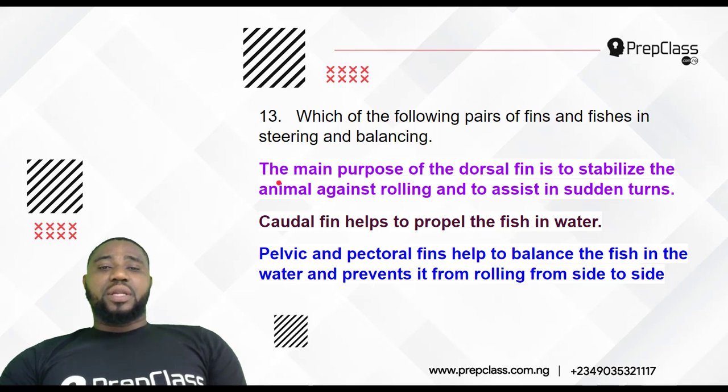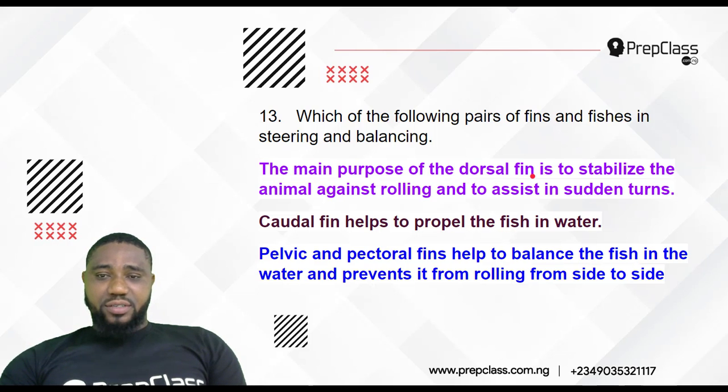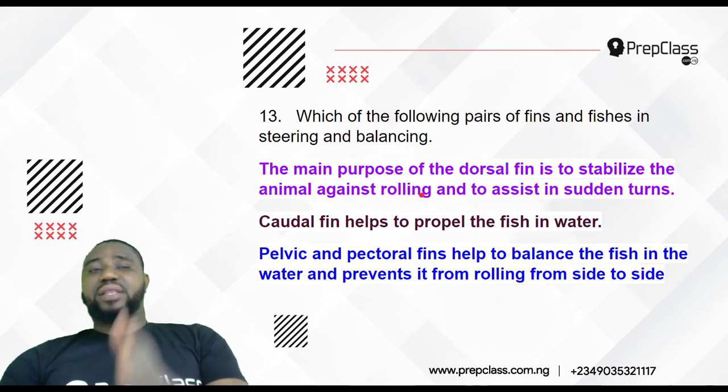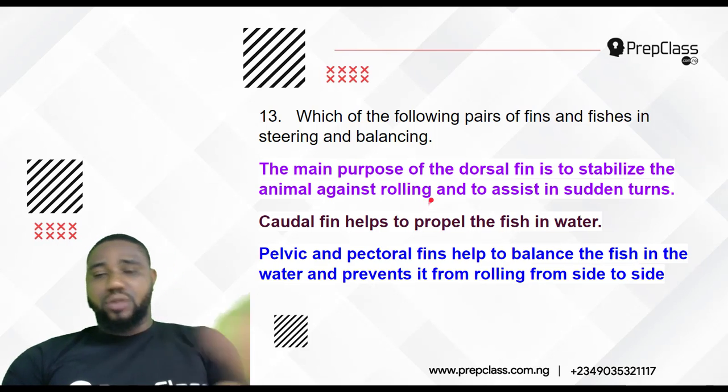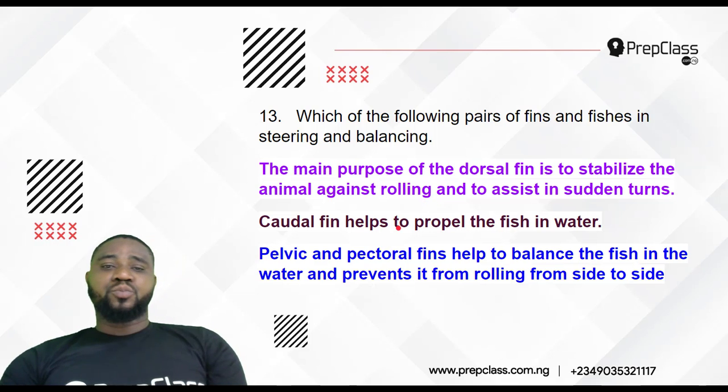So the main purpose of the dorsal fin is to stabilize the animal against rolling and to assist in sudden turns. So this dorsal fin, the one on top, helps to maintain the fish in water, preventing it from toppling over. Do you understand?